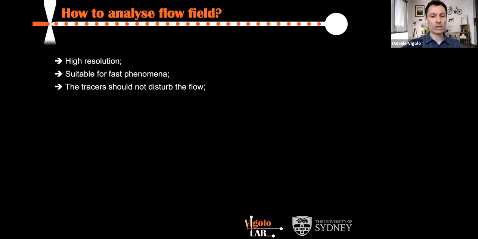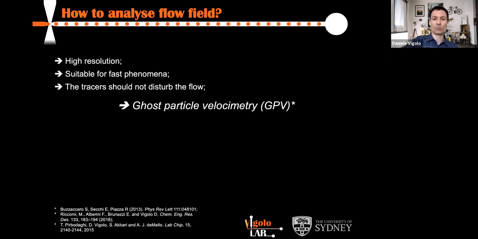Well, we have requirements. We need relatively high resolution, and these phenomena are pretty fast, and so we also need a very high temporal resolution. The other characteristic is that typically we use tracers in the flow to evaluate the pattern, but these need to be really small to avoid disturbing and affecting the measurement that we are doing.